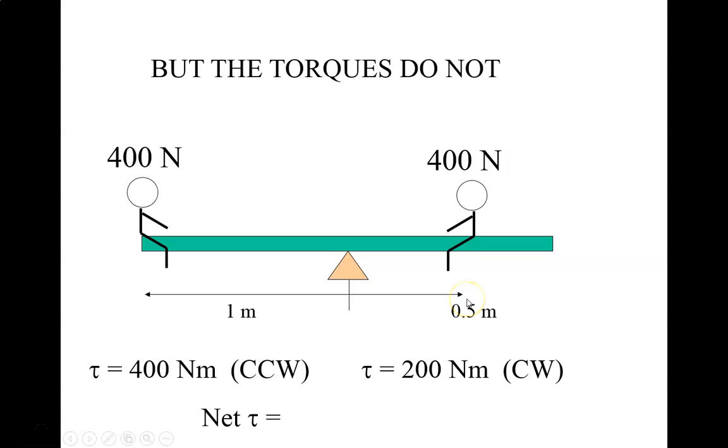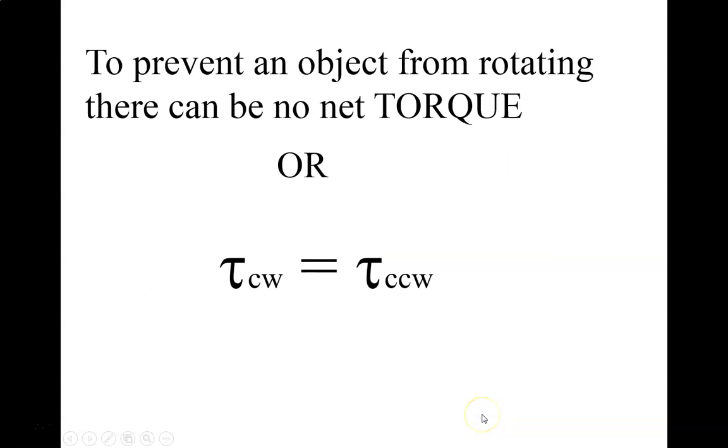So when I multiply those together, I only get 200 newton meters, and that's clockwise. What's the net torque? They partially cancel out: the 200 clockwise cancels 200 of the counterclockwise, leaving 200 counterclockwise. This counterclockwise torque is why his end pivots up.